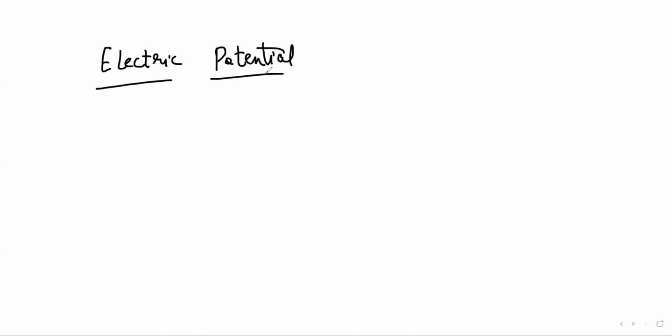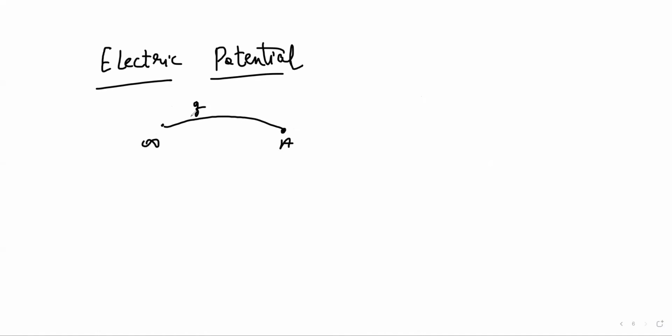I'll give you a small idea, for those who haven't studied this. There is a charge which is at infinity. We are bringing this charge to a point, let's call it A. So Q charge is brought from infinity to a point A. How much work is done?